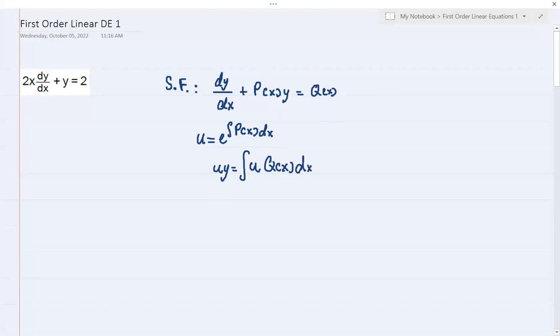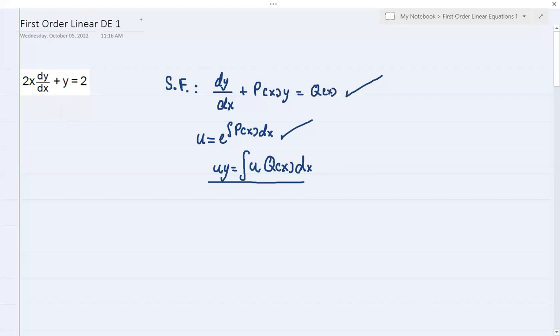You use this after you've transformed the given problem into standard form and found your u. So that's it. Now let's apply it here.